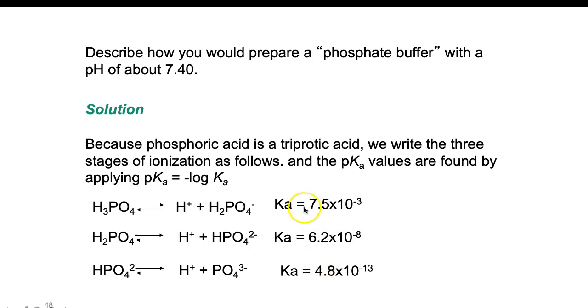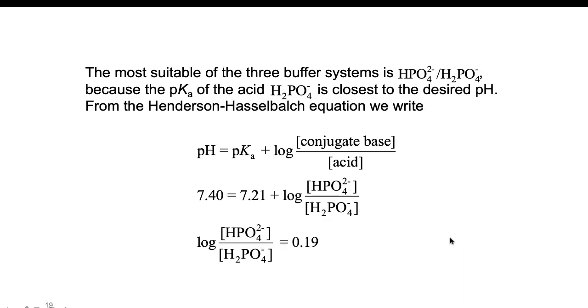Remember, we want the pKa to be pretty much that, or close to it. So what do we see here? Look at the middle one. Pretty close. So the most suitable of the 3 buffer systems is the middle one, because the pKa of the acid, H2PO4-, is closest to the desired pH.